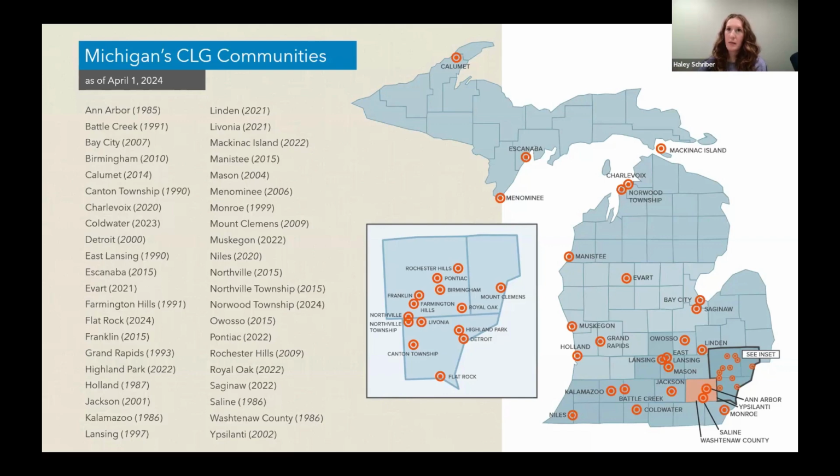I think it's up until the year 2020, so that does need to be updated. And then we have a couple of other resources that talk about the benefits of designation and CLG status as well. So I can dig up some of those resources and we can disperse them.